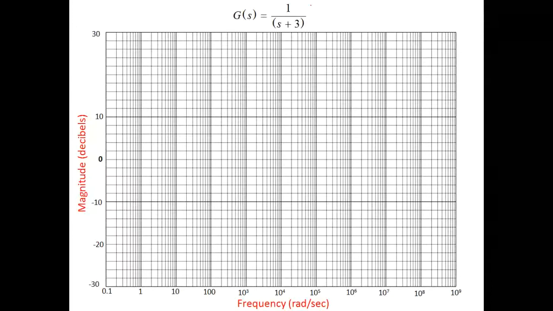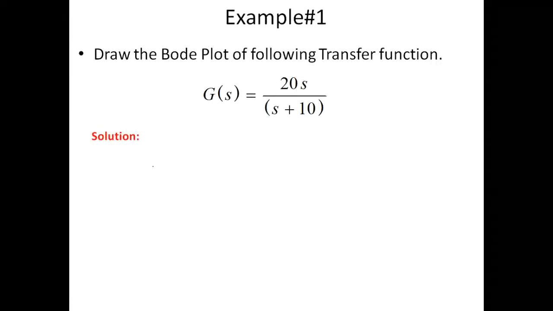And here there is another example. When G of s equals 1 over s plus 3, we have to look at w equal 3. For low frequencies, the magnitude is 0, and for high frequencies, the magnitude is -20 decibel per decade. And for the phase angle, we just use these 3 points.